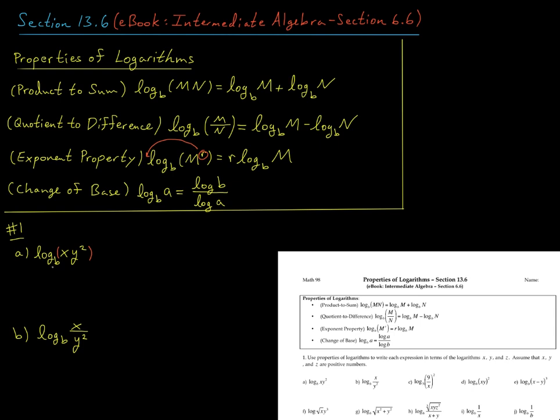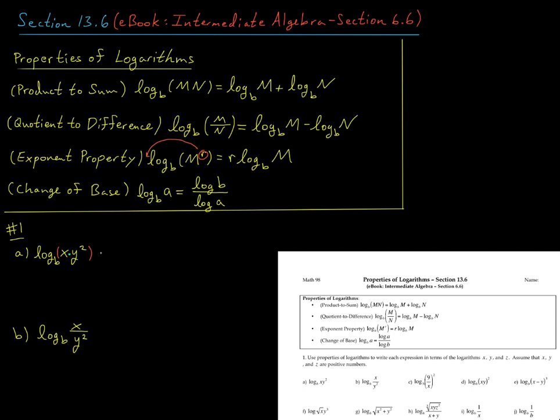Like you see in these two examples, you're not always going to see that set of parentheses included. It's just implied that they're there, and so I'm just going to write them in there to really emphasize, yes, we have the log of this product here, so we really are going to be thinking product to sum here.